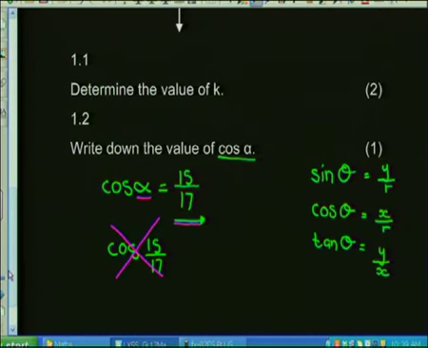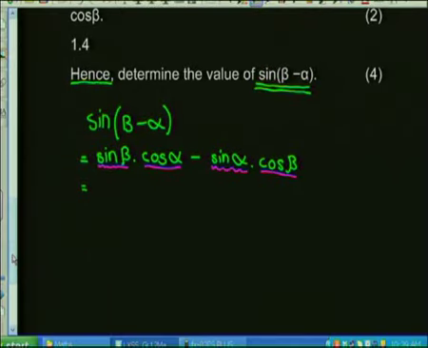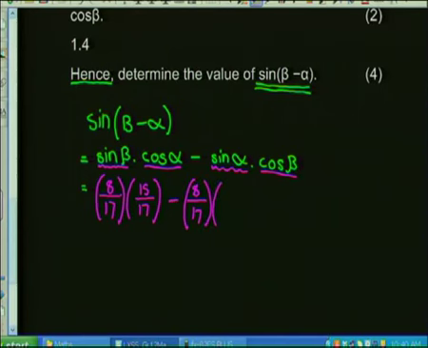We can therefore use the values of our y, which is equal to 8 units over our 17. Cos alpha we have seen to be 15 over 17, minus our sine alpha is going to be 8 over 17, and cos beta will be negative 15 over 17.